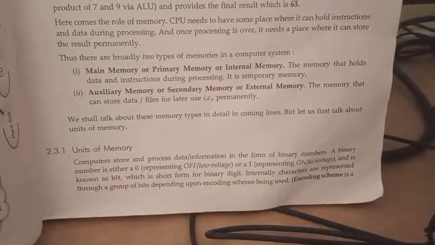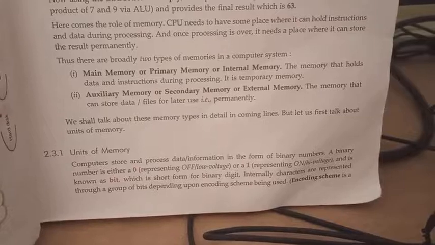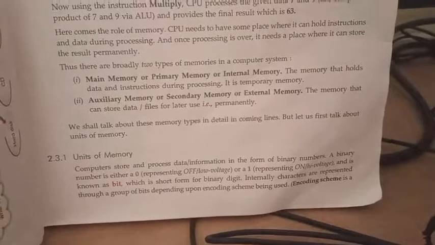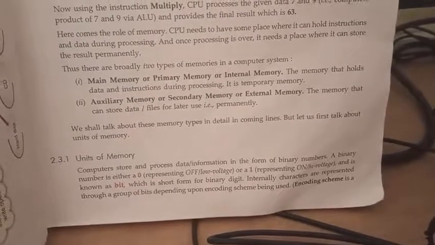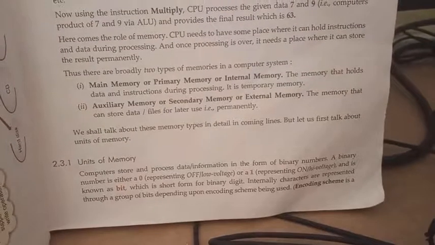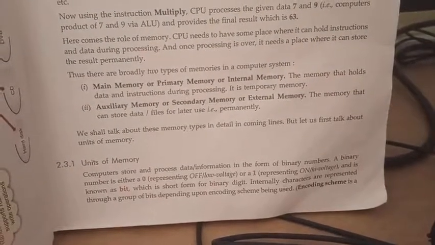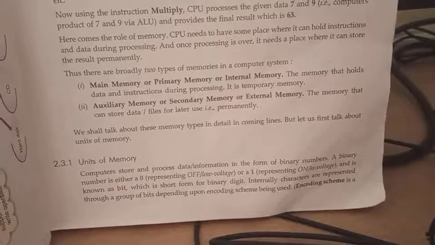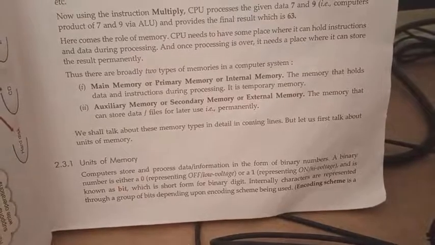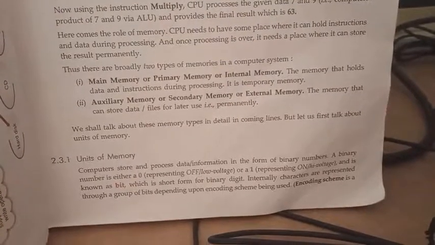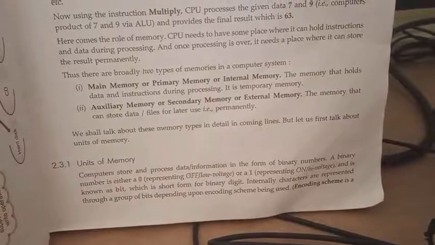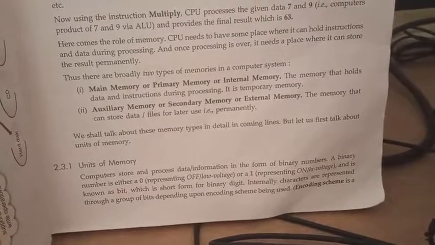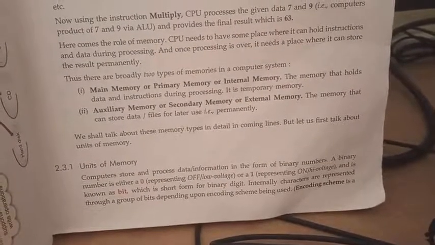Then the next part is units of memory. In the small class I already taught that inside the computer, data is stored in the form of binary numbers, zeros and ones. It's called machine language. Zero represents the off state, meaning low voltage. One represents the on state, or high voltage.